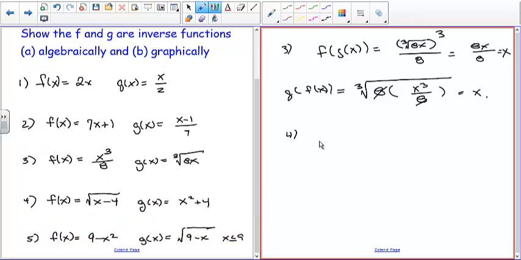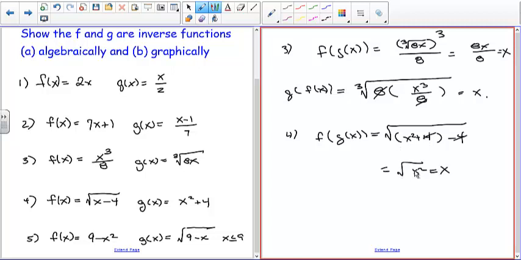So we have f of g of x is the square root of x minus 4, but x is going to be g of x, so that's x squared plus 4. So these cancel out. You get the square root of x squared, which is x.